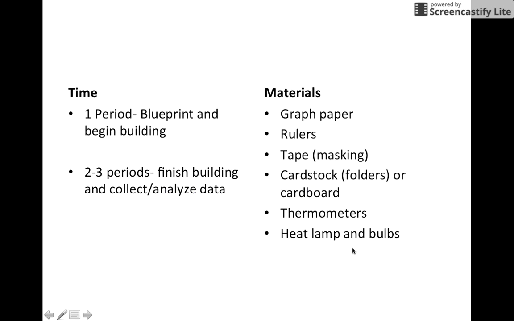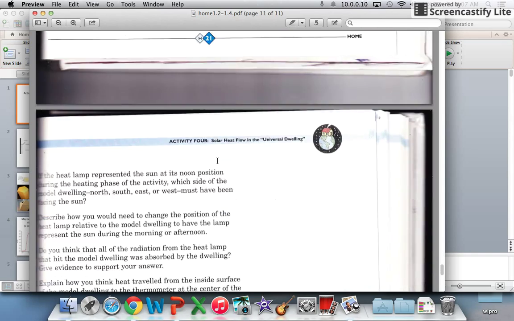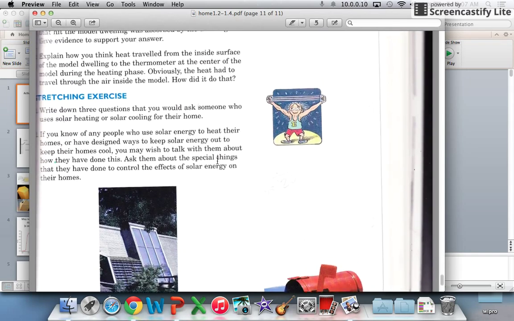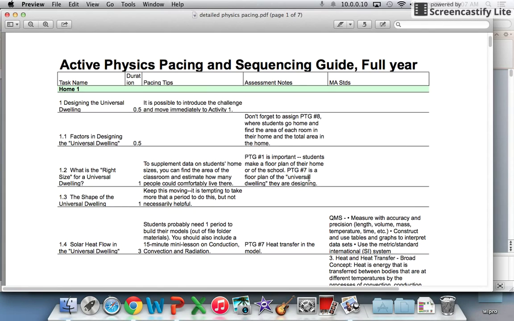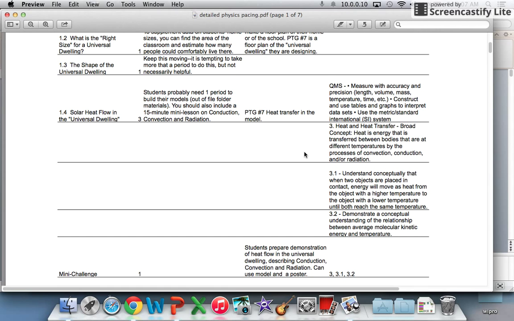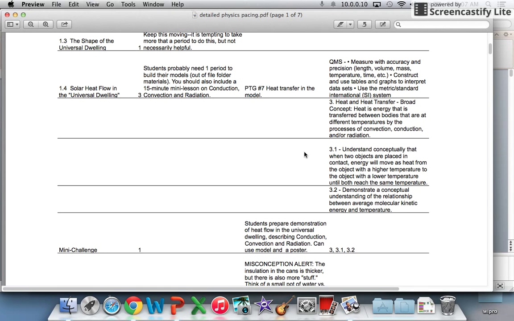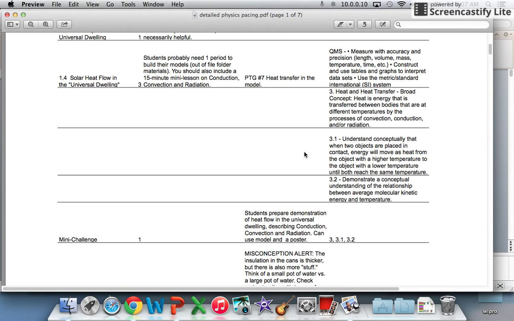All right, so taking a look at this, it's all about collecting that data, analyzing the data, and if you look at the pacing guide, it tells you basically that you're going to need to supplement a little bit here, okay? It talks about a 15-minute lesson on the 3 types of heat transfer.